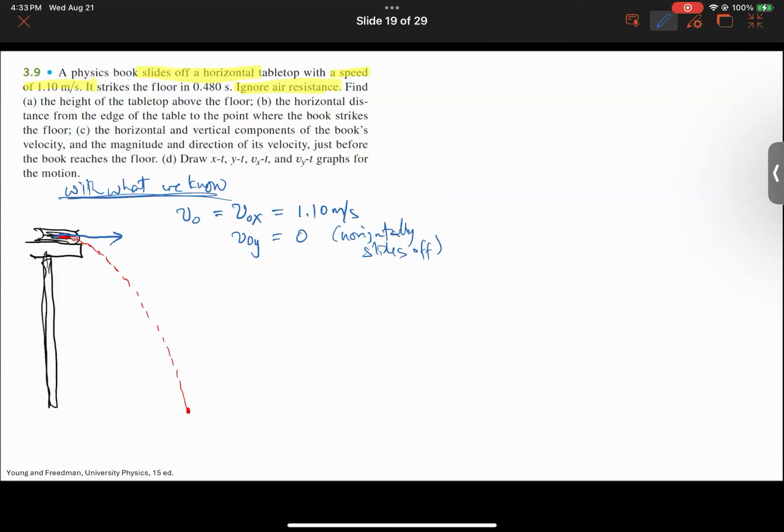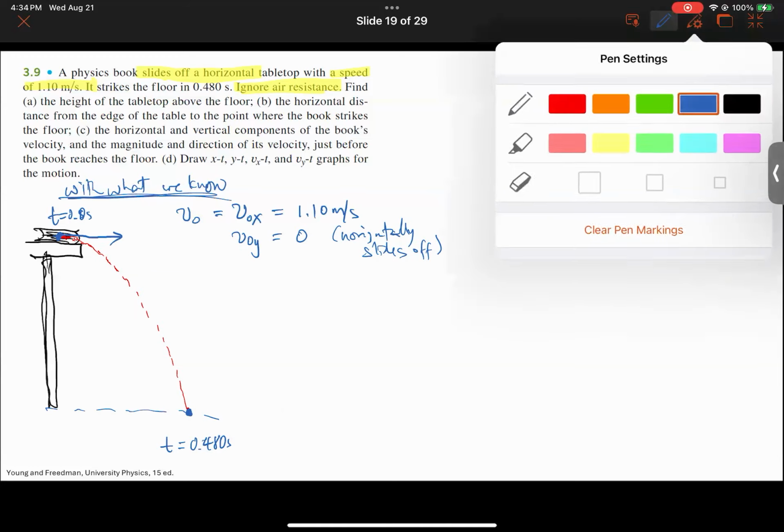So from here, at time t equals 0, to here, at time t equals 0.480 seconds, just when it reaches the floor, the trajectory of the object is parabolic.